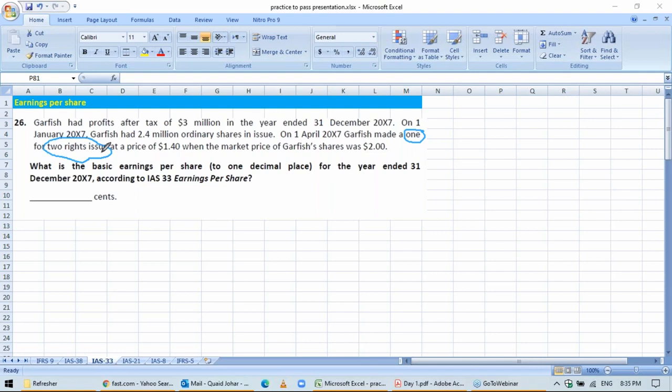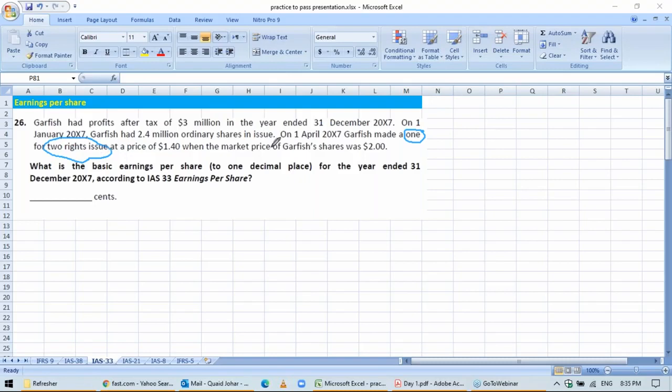So they have issued one share to every shareholder who possesses two shares. And what is a rights issue? In a rights issue, the company issues shares to existing shareholders at a price that is lower than the current market price.